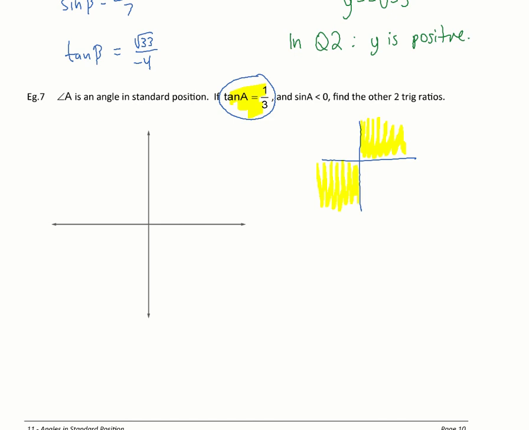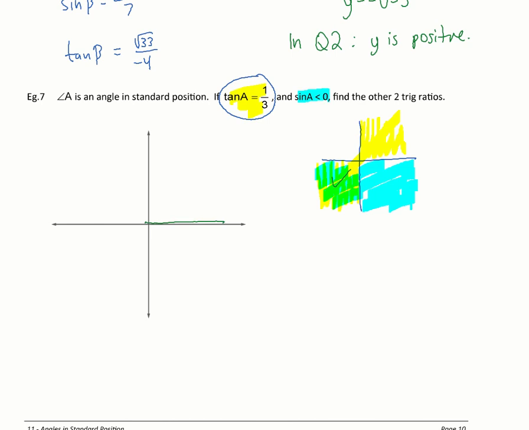So it's either in one of those two quadrants because the slope's going up. Sine is less than 0, so sine is negative. Where is sine negative? Well, sine's negative where y is negative, so down below there. Okay, so if we look at that, we can see there it is. It's got to be in that quadrant.